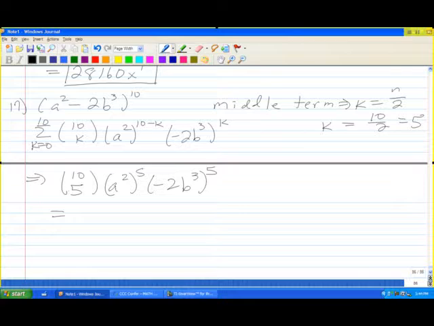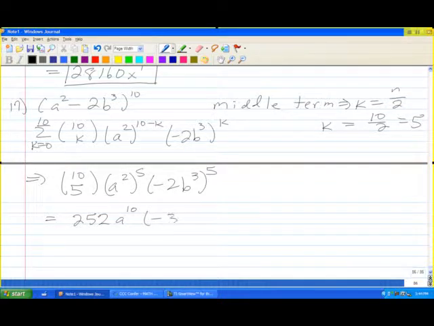And so 10c5, well, let's calculate that. It is 252. A squared to the power 5 is a to the 10.